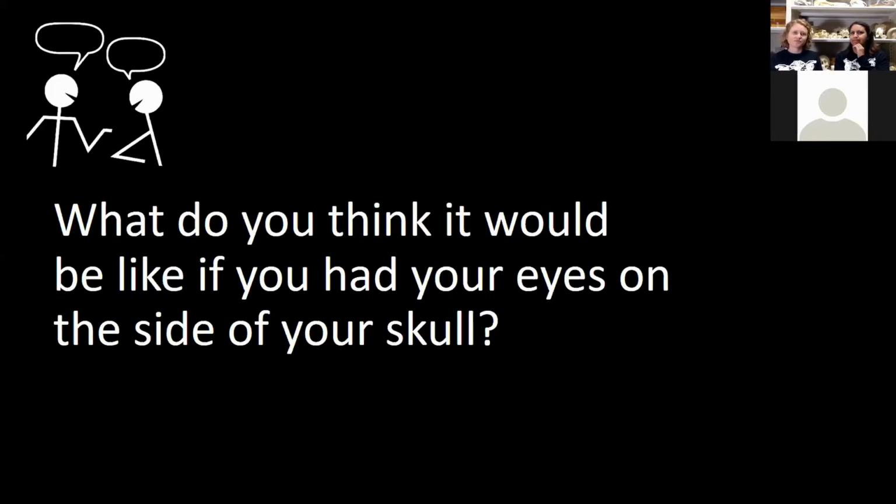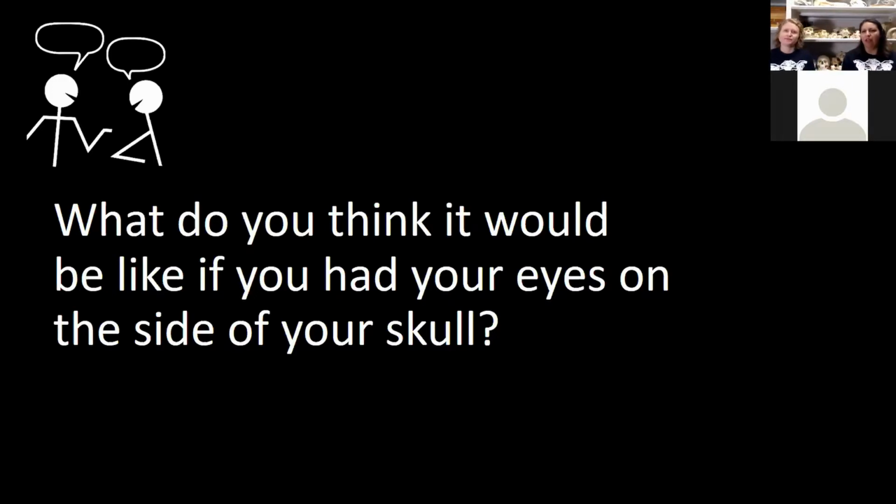Definitely could see our thumbs better as they got to the side. Oh, interesting. But would it be harder to see them if they were in front?